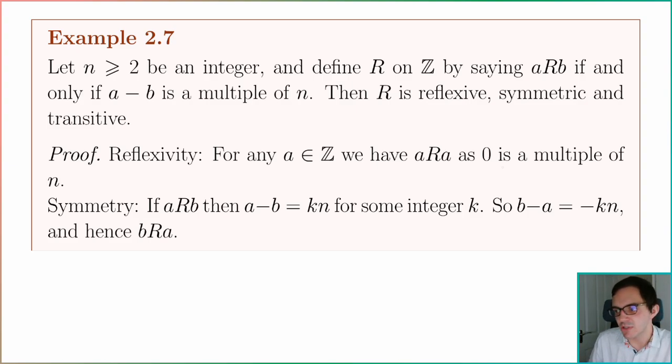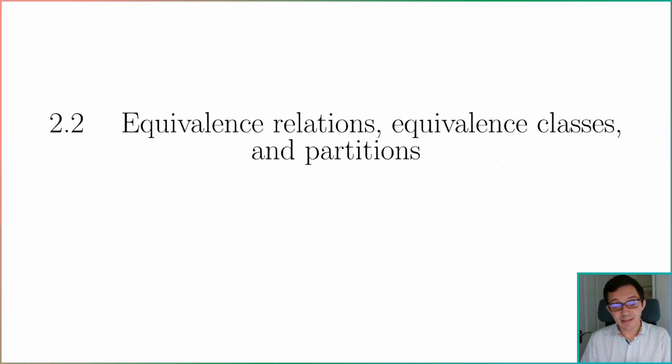The same properties that we saw the equals sign has. This is an example of something called an equivalence relation. It identifies something about the objects in the set that is the same. And our next section is going to be on equivalence relations, equivalence classes, and partitions.